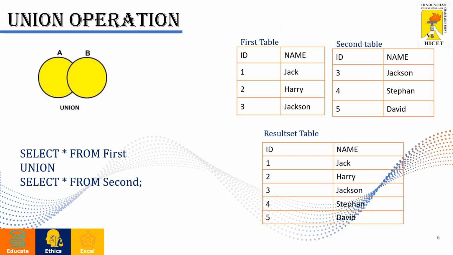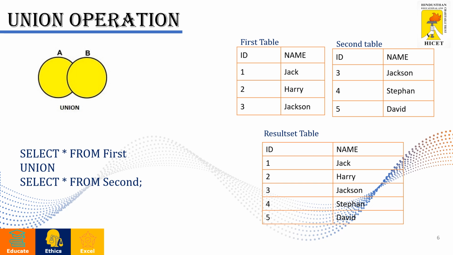This is an example for the union operation, where the first table contains ID and name. The second table also contains ID and name. The first table contains three rows, and the second table also contains three rows. The data which is duplicated is ID number 3, which is present in both the first table and the second table.